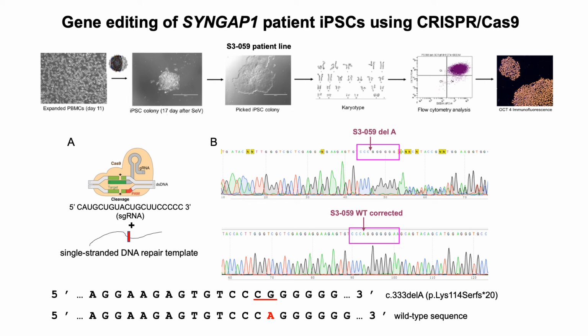Using CRISPR-Cas9, we used the sgRNA with the sequence shown here, along with a single-stranded DNA repair template. We used this technology to correct for this deletion, and this is the Sanger sequencing confirming the corrected sequence with the incorporation of the A back in the region of interest.